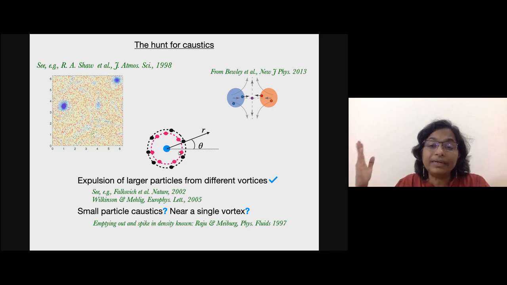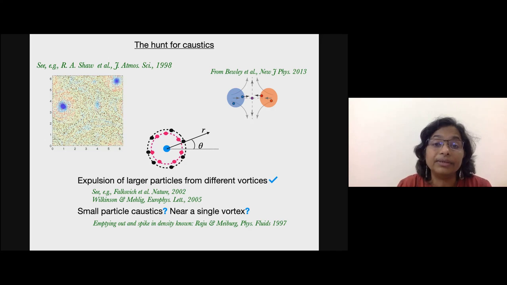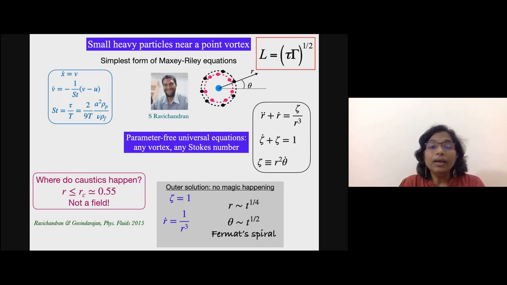So at a given time, the pinks are moving faster than the blacks and they're colliding against the blacks. That will be our caustics. We studied this particular case of one vortex and two rings of particles several years ago. In fact, Ravichandran, who's now at IIT Bombay, studied this problem in great detail, and he studied heavy particles.